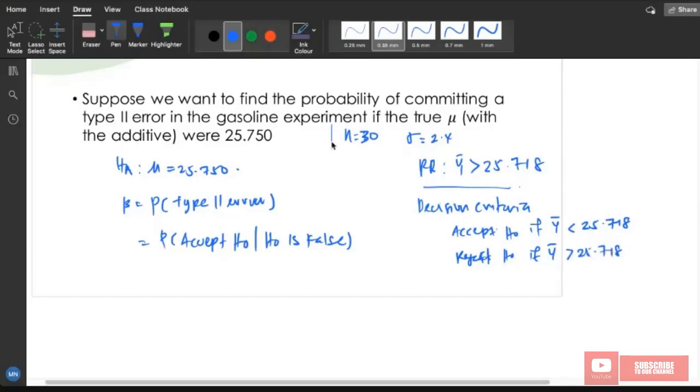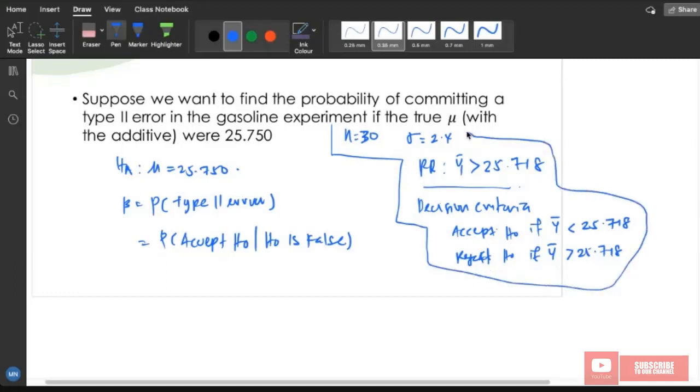So the question is like this, it's not complete, but I give you the incomplete values in the note. The values not given in the question are n equal to 30, sigma equal to 2.4, and rejection region y bar more than 25.718.